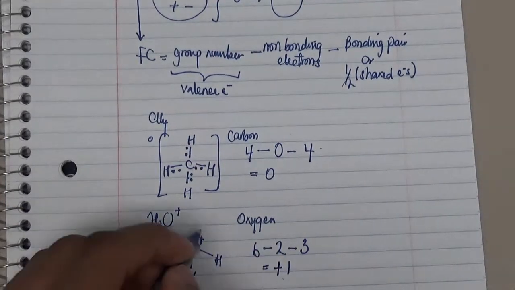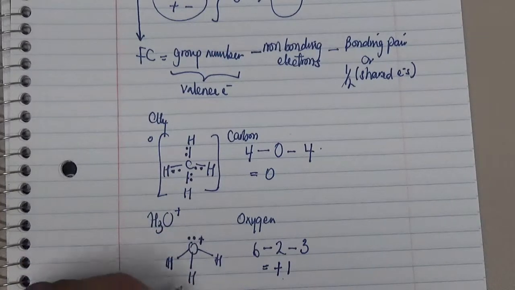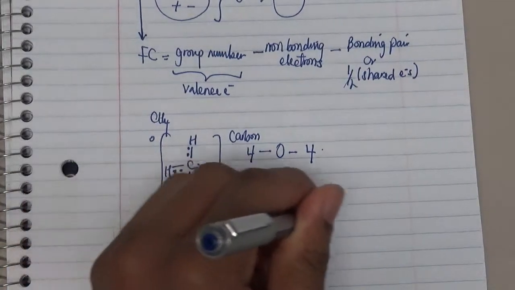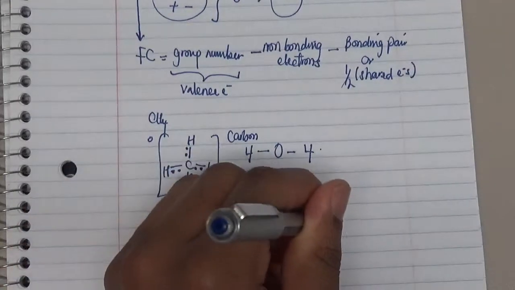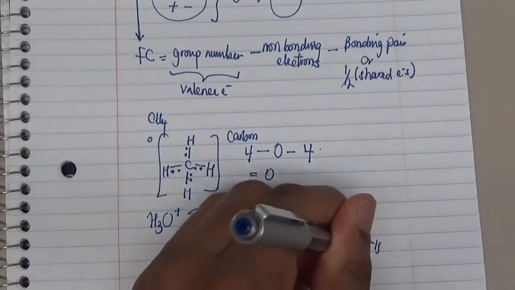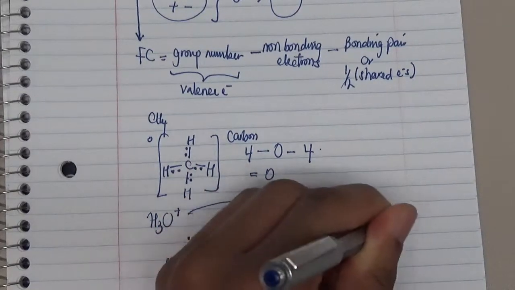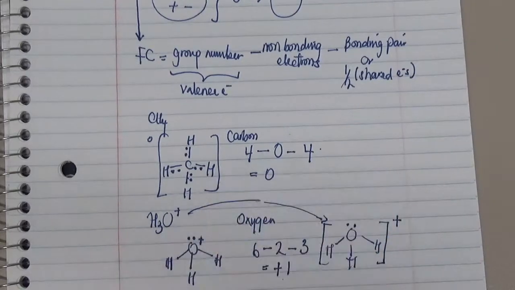So the plus 1 is actually on the oxygen atom, but we usually write the overall charge of hydronium as plus.